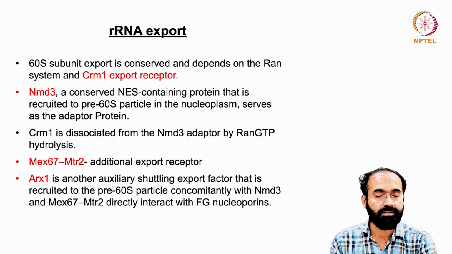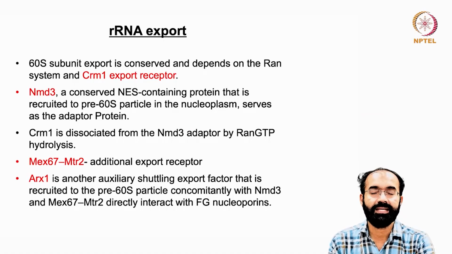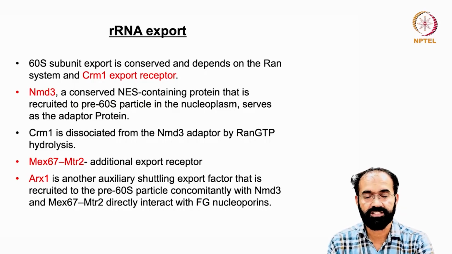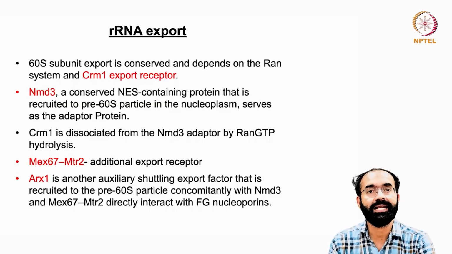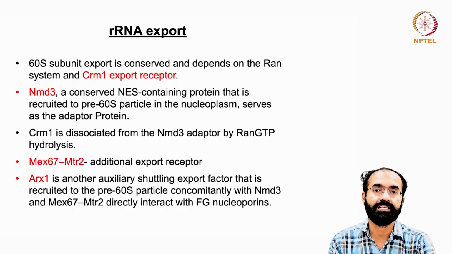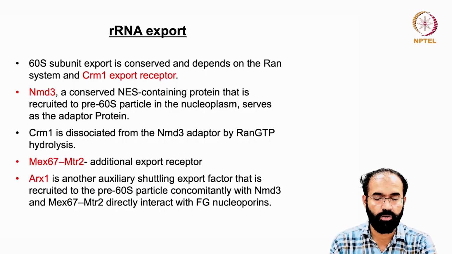So CRM1 is dissociated from the NMD3 adapter by RAN GTP hydrolysis. And then two more proteins, that is MEX67 and MTR2, additional export receptors, also join this complex.